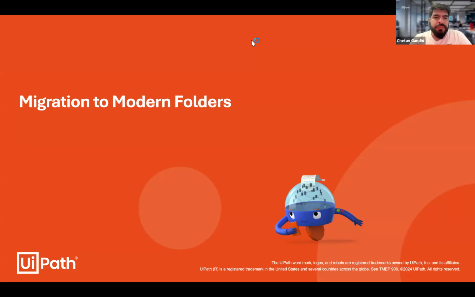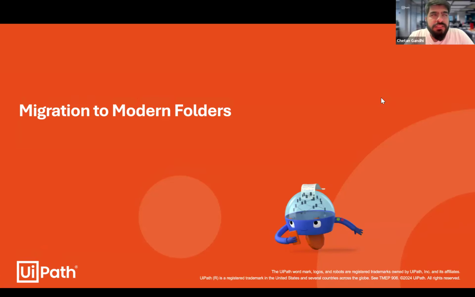And team, now we are going to discuss why we need the migration to the modern folders. As Krishna already discussed with your team, we already deprecated the classic folder from the 2020.10 version of Orchestrator. If you are all aware, in the previous versions, 2019-20, most of the customers were on the classic folders, and we are supporting the classic folder till 22.10.